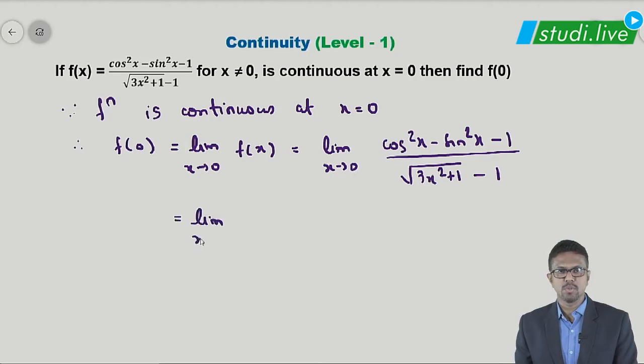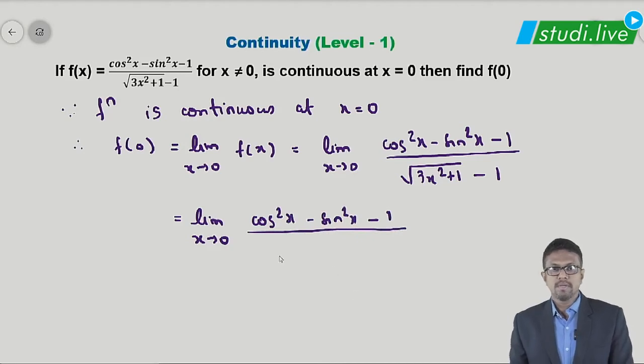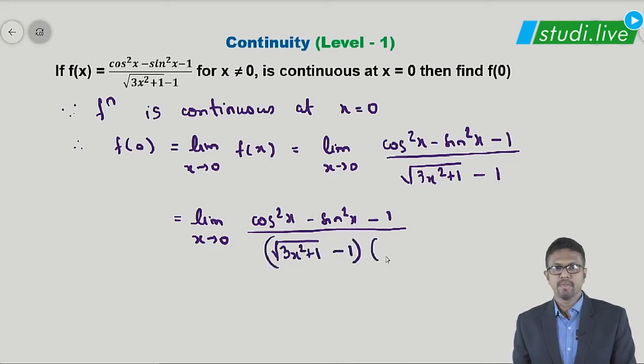So the limit as x tends to 0 of cos square x minus sin square x minus 1 upon root of 3x square plus 1 minus 1, into root of 3x square plus 1 plus 1, upon root of 3x square plus 1 plus 1.